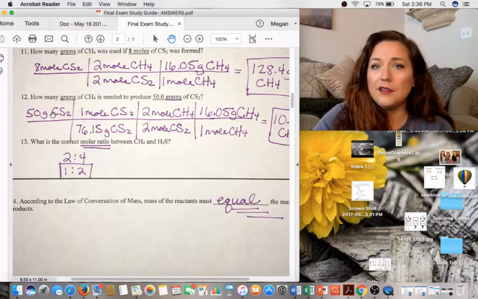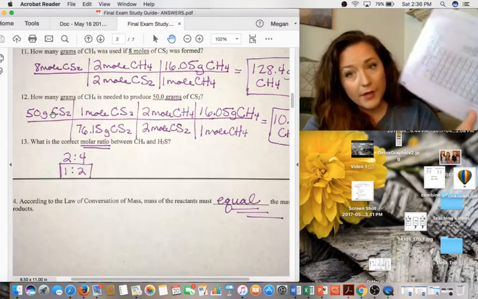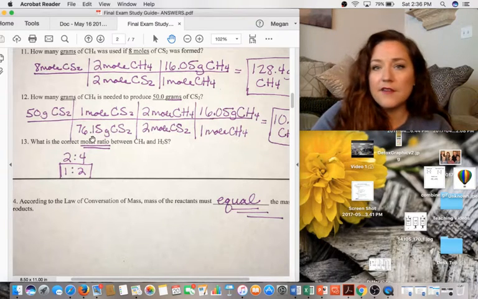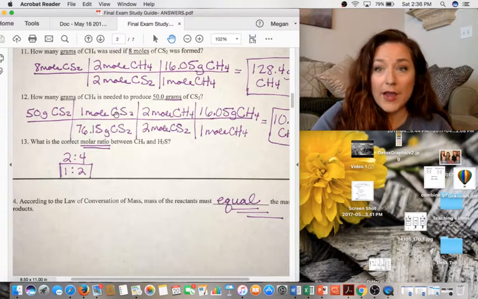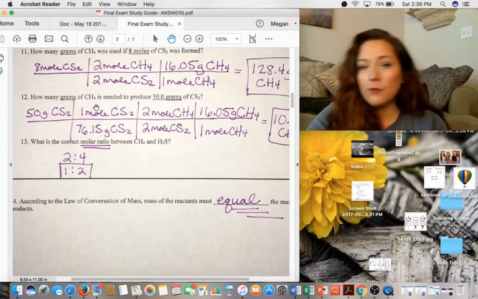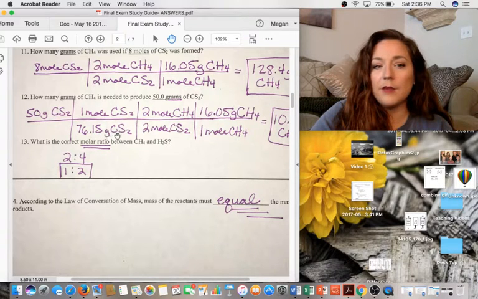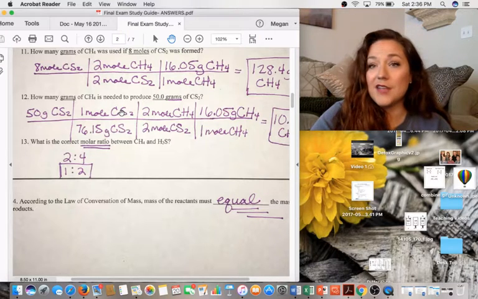I look at my periodic table and discover from my AMUs that I have 76.5 grams of CS2 for every 1 mole. Again, the grams of a pure substance will equal 1 mole always. So 76.5 grams of CS2 goes on the bottom, and 1 mole of CS2 goes on top.